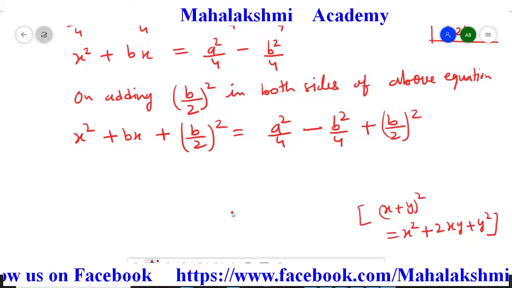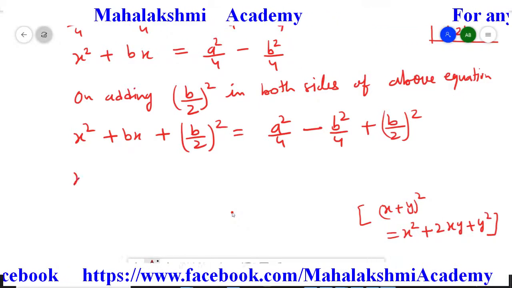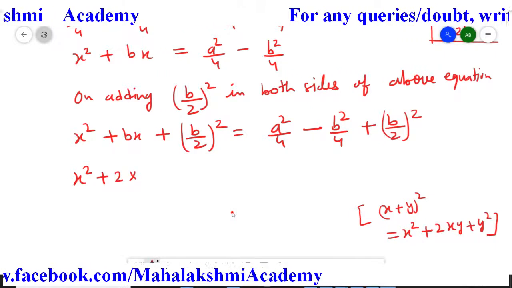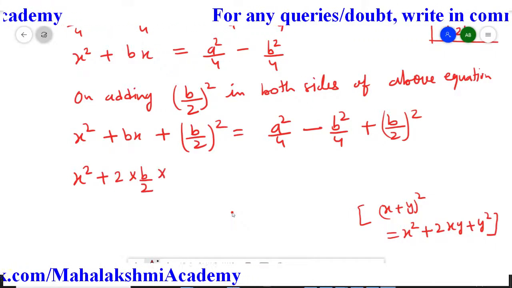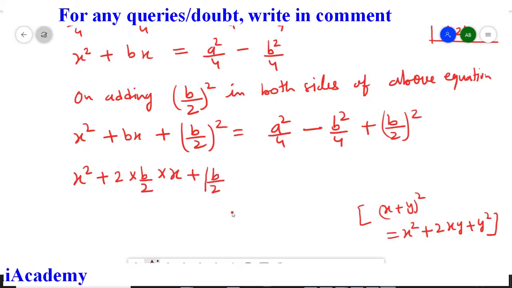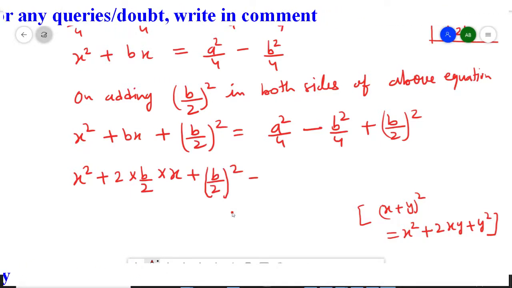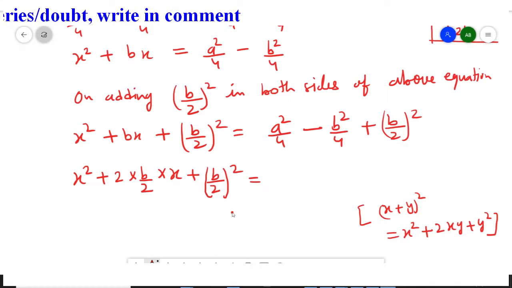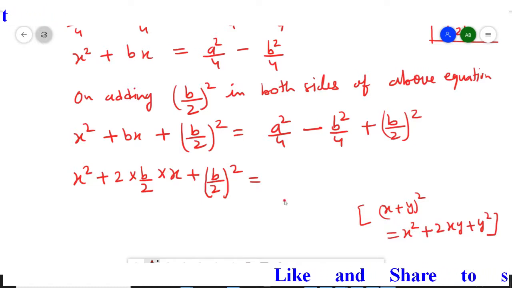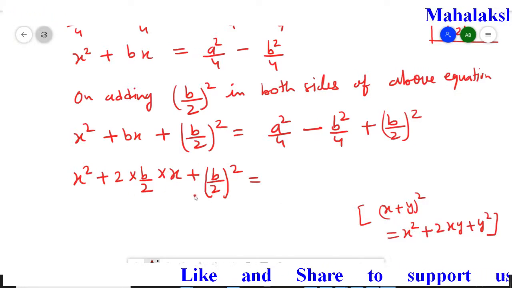So we are going to convert this left hand side also into the same format. So 2 multiplied by b upon 2 multiplied by x, plus b upon 2 whole square, is equal to. Now what I have done is, you can note here x square I wrote as it is, because we want to convert the left side into a complete square.